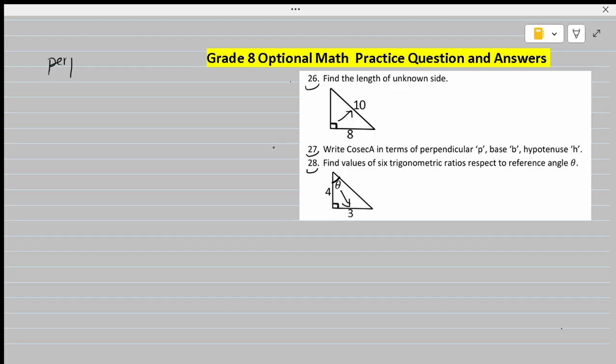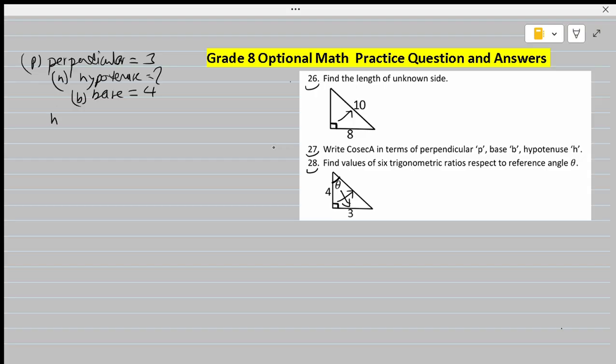So we are given here perpendicular 3, and hypotenuse is opposite of 90, which is not given, is it? So hypotenuse we have to find here, and the remaining side is the base. So base we are given here 4 units. So perpendicular P given, hypotenuse not given, base given, is it?